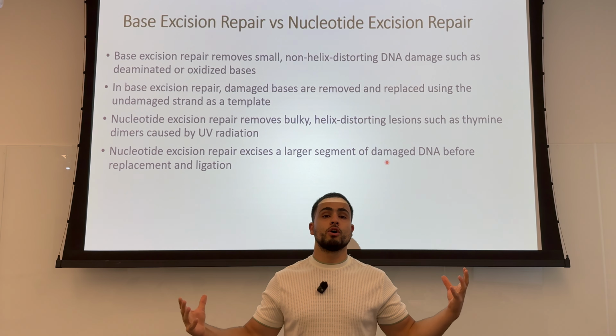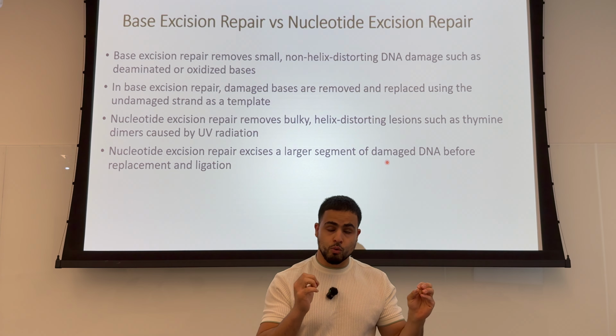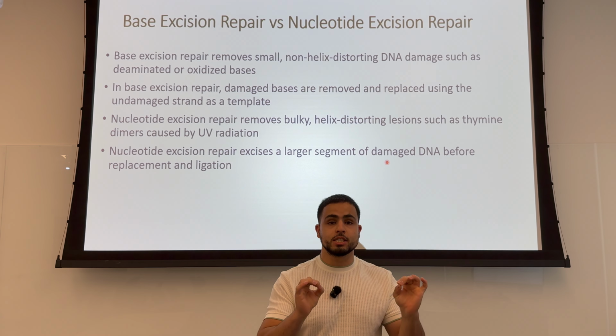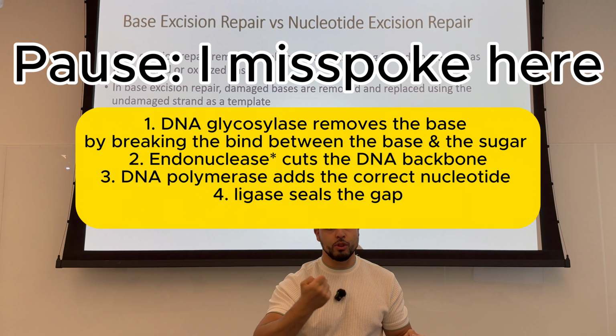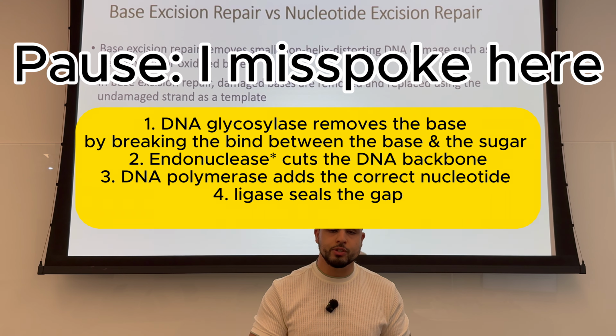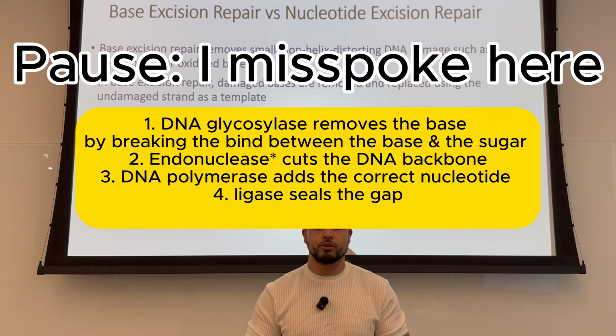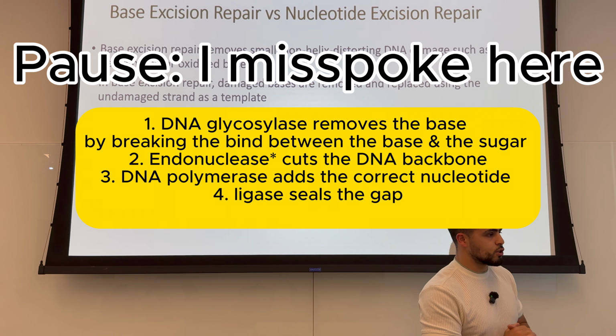Uracil, recall, is involved in RNA and not DNA, so it shouldn't be there. So that's what we call base excision repair, where exonucleases will go take out the base that's defected. Based on the complementary strand, DNA polymerase can read that complementary strand and place a functional base over there.